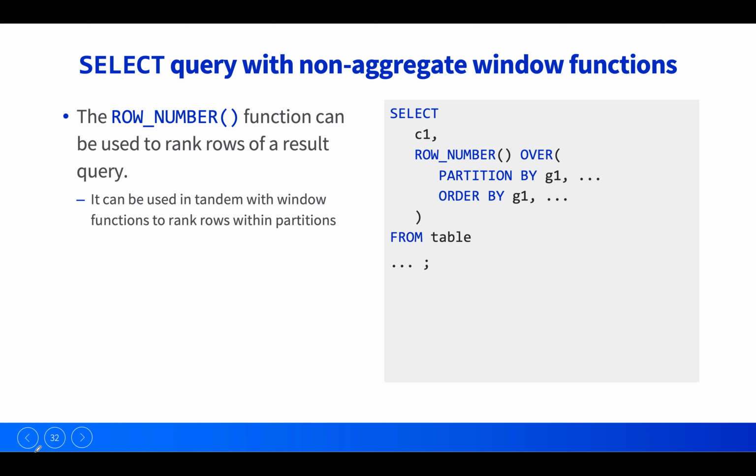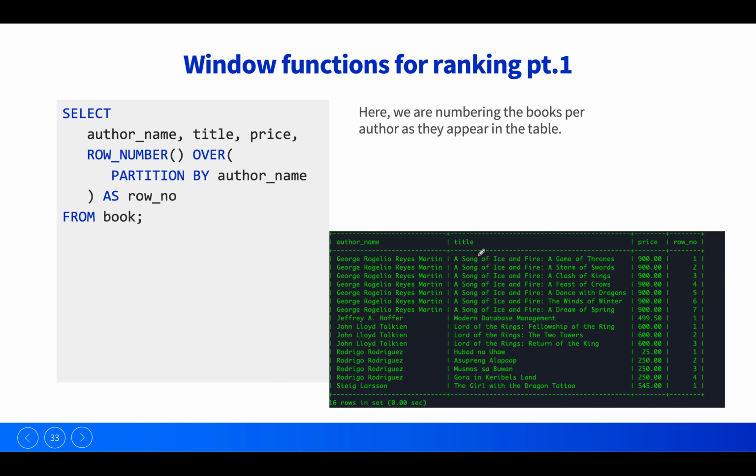Okay, so the syntax for making use of row number is as follows. We can select several columns followed by row number, and then we provide any partitions to it, such as OVER (PARTITION BY a column, called G1, ORDER BY G1) and so on and so forth, from a table. So the illustration of this can be found right here.